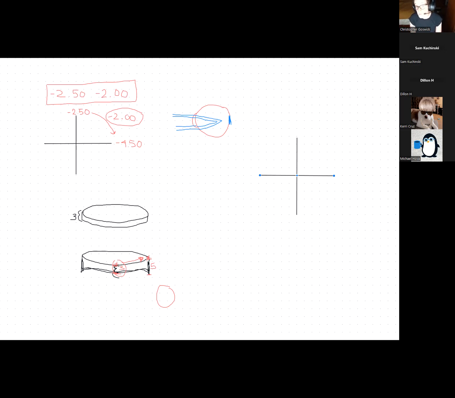Well, yeah, so you would be vertexing it, right? Basically, the reason that they do these in contacts is because of the powers.